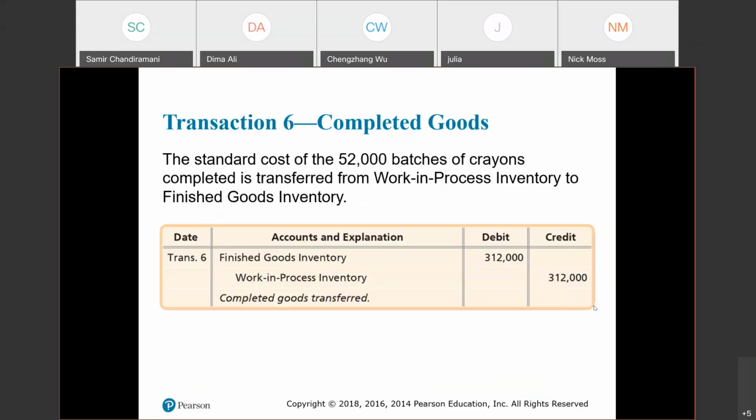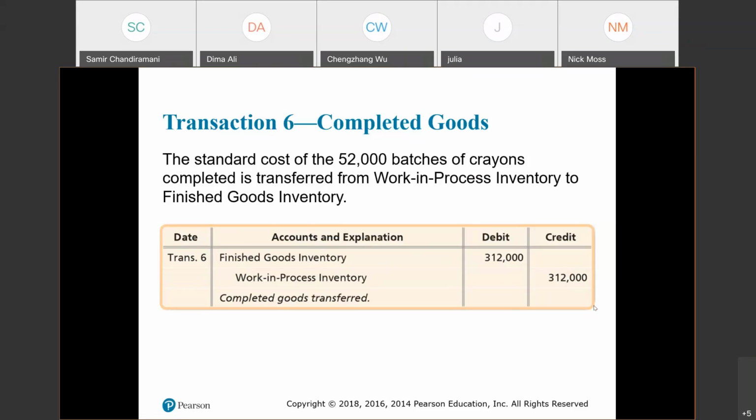Well, next, completed goods. This transaction transfers the standard cost of 52,000 batches of crayons completed from WIP inventory to finished goods inventory.